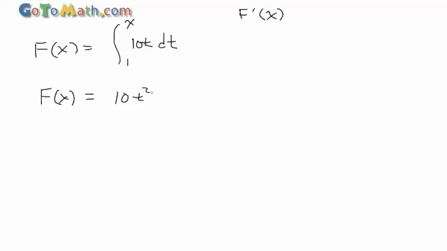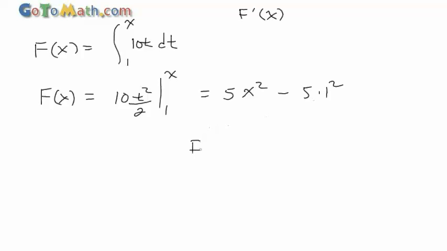The integral is 10t squared over 2, going from 1 to x. We just plug everything in. This becomes 5, because 2 goes into 10 five times. So 5x squared, plugging x in for t, minus 5 times 1 squared.